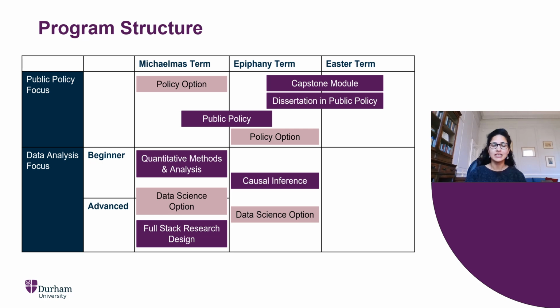The dissertation is a substantial piece of independent research, and the capstone module will involve working in teams with a capstone partner on a policy problem under the guidance of a module convener and other faculty members. Throughout the first and second terms, there are also ample opportunities to take multiple elective courses in public policy and in data analysis.